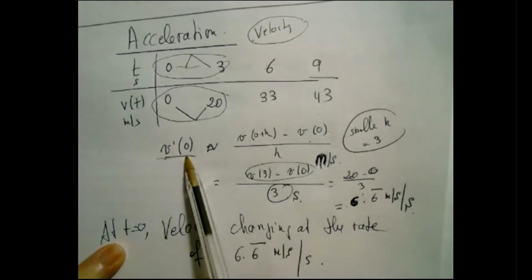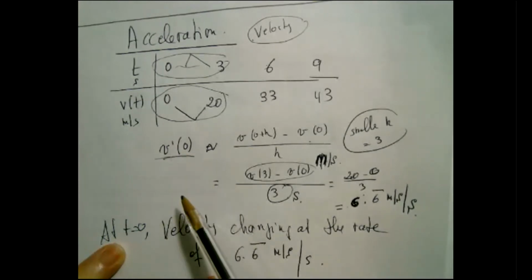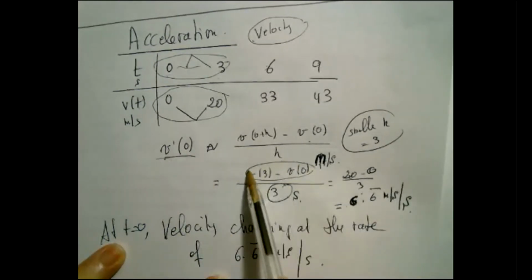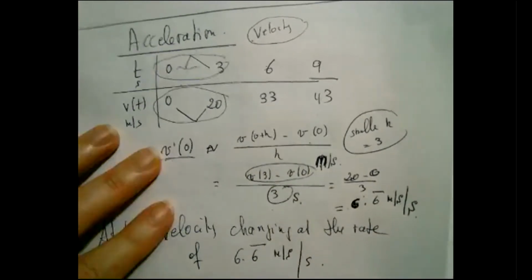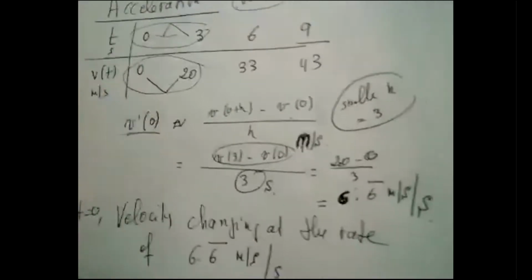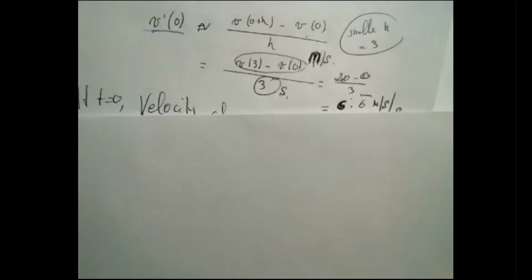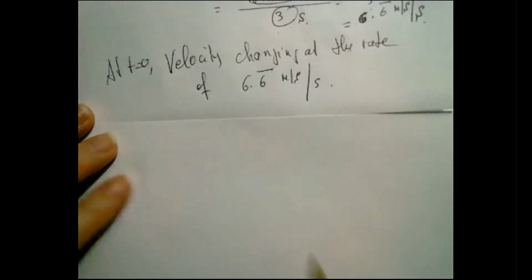So the derivative of the velocity, we're going to call it acceleration because it measures how fast the velocity is changing with time. So the acceleration is not a change, it's just how fast the velocity is changing.